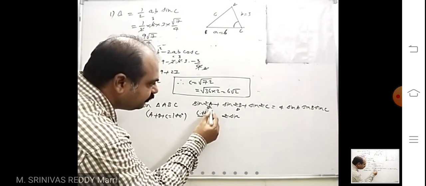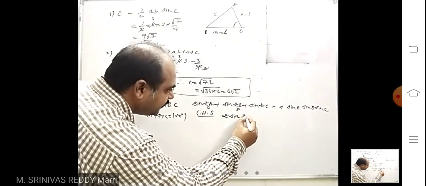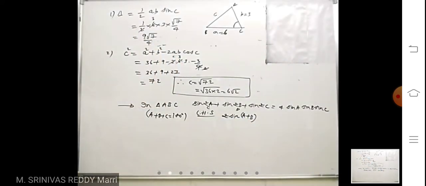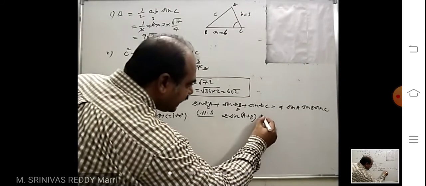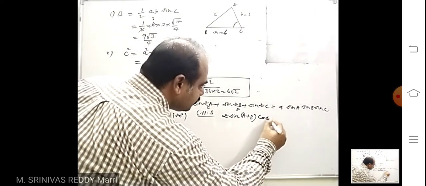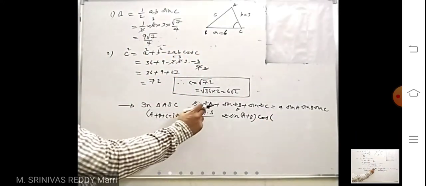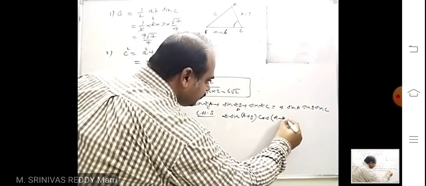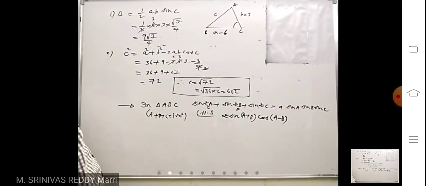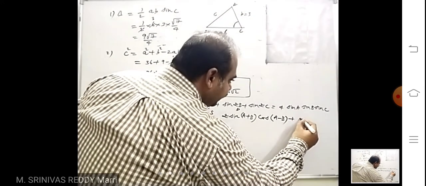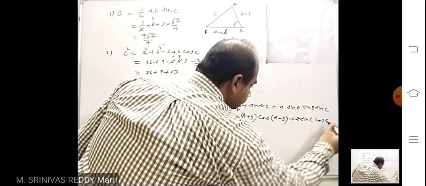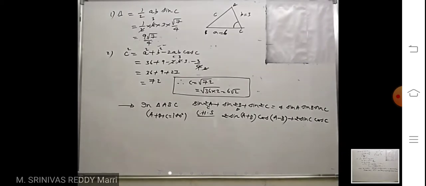C plus D by 2 means 2A plus 2B by 2, that means A plus B, into cos of C minus D by 2, which is 2A minus 2B by 2, that means A minus B. Now I am writing this as 2 sine C cos C.